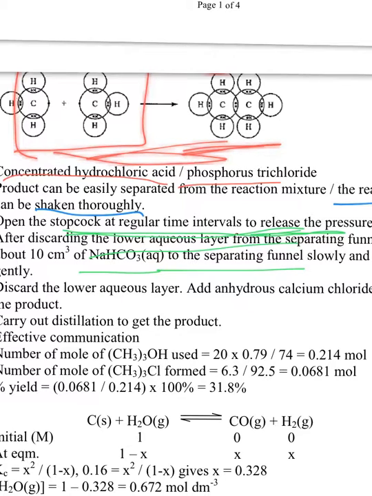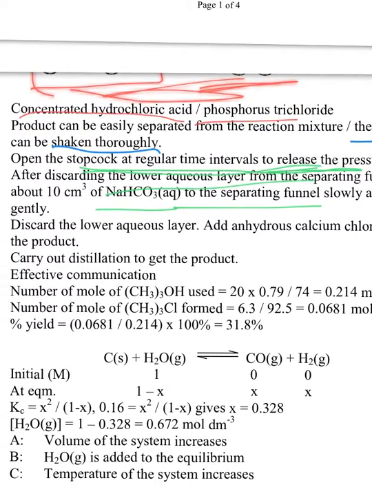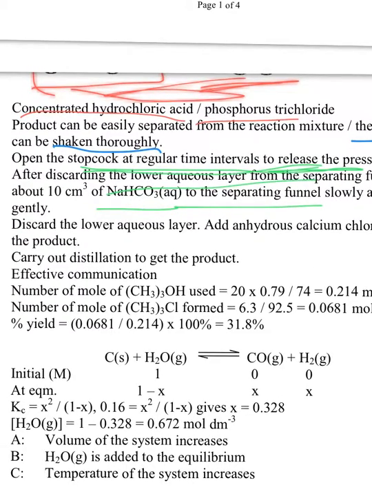Okay, and again for part D, please go home and remember. This question frequently found in public exam is how can you have the pure product from the reaction mixture. I find that most of you just mentioned shake the separating funnel and then separate two layers and collect.